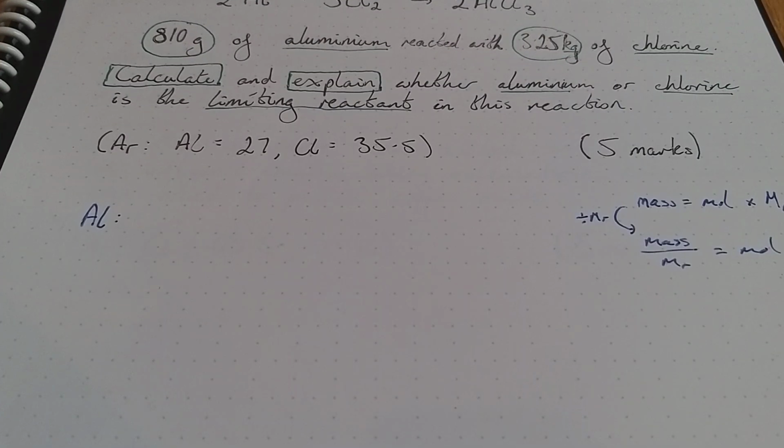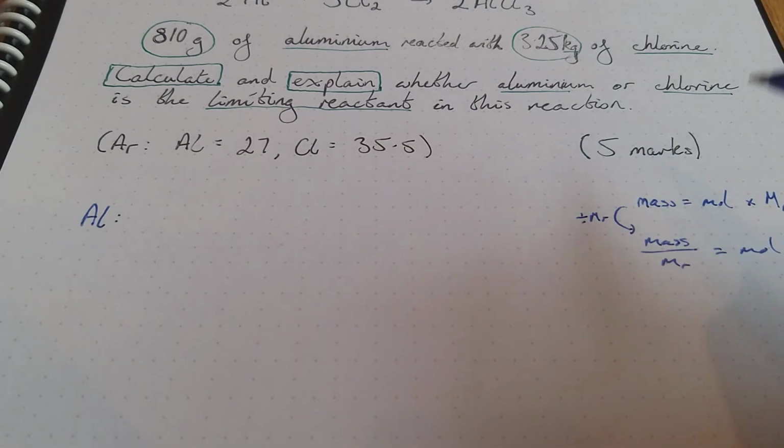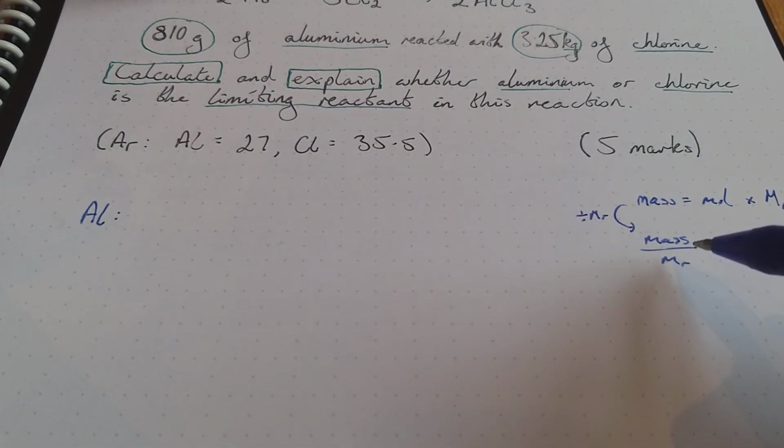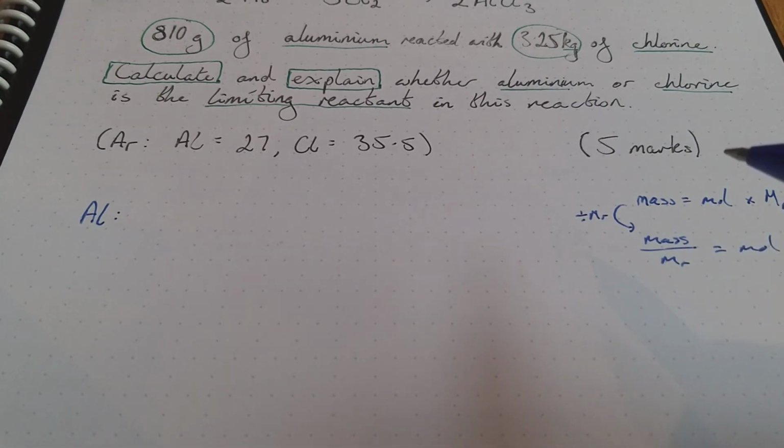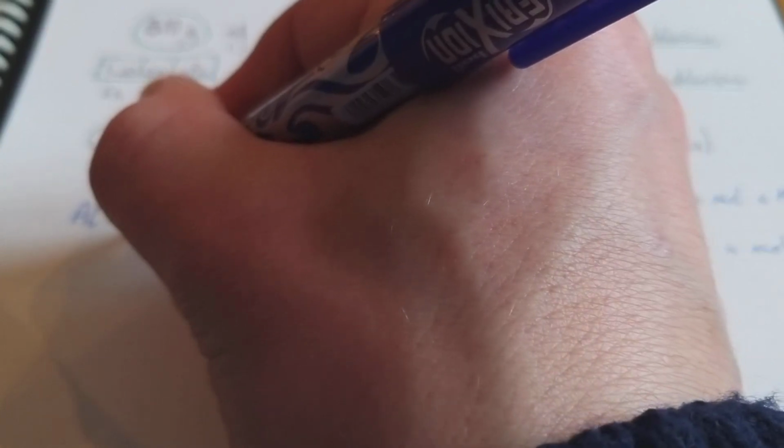So we've got our aluminium, and we've been told we've got 810 grams of aluminium, so that's already in grams, we don't need to convert it. And in order to work out the number of moles, we need to divide it by its Mr. Now remember, because it's just the metal by itself, we just use its atomic mass in order to calculate the moles. So we do 810 divided by its atomic mass, which is 27.